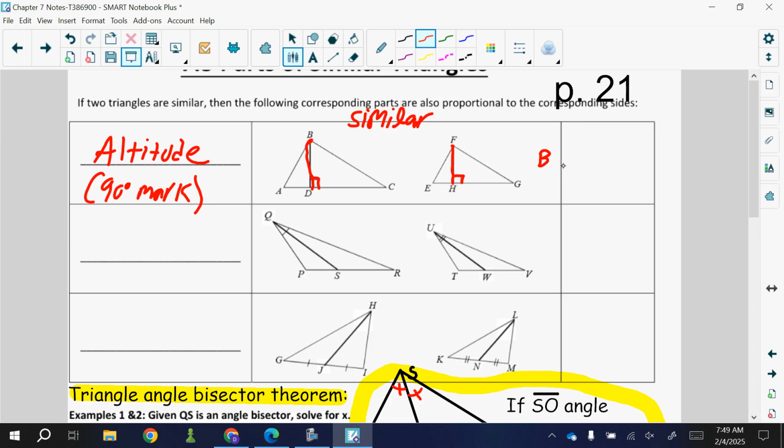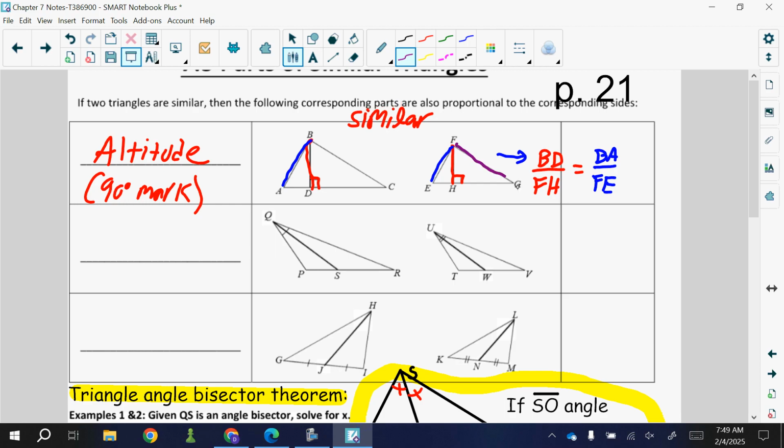So the first ratio is we can say that BD, that altitude, over FH, this altitude, equals BA over FE. Notice that all my sides in the numerator are from the same triangle, and same with the denominator.